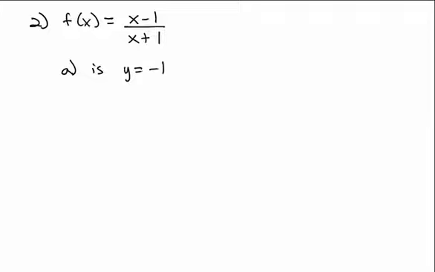Let's do one more range problem before we wrap up. Let's say another function, f of x is equal to x minus 1 over x plus 1. And we want to know, is y equal to negative 1 in the range? Again, we're going to plug that negative 1 in for the answer.